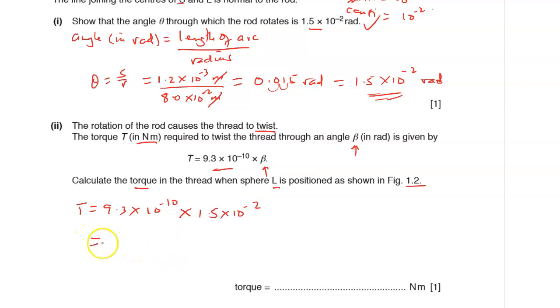And correct evaluation will give you 1.4 times 10 raised to power minus 11 newton meter. So the torque is 1.4 times 10 raised to power minus 11.